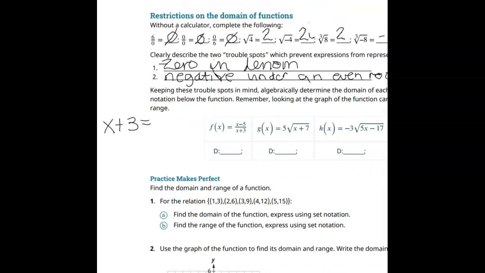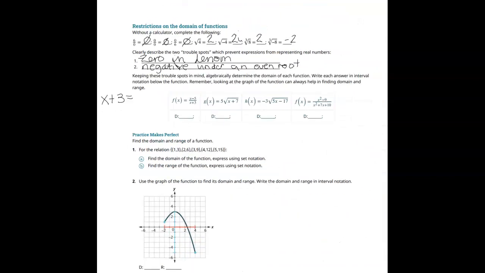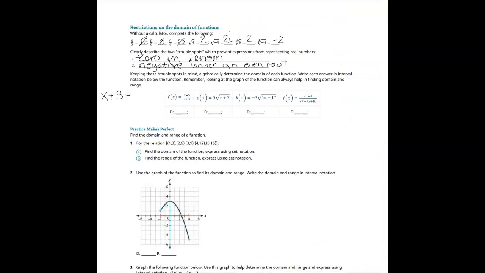Then we solve for x. To do that, we're going to move this 3 over. It's a positive 3, so we're going to subtract 3 on both sides.